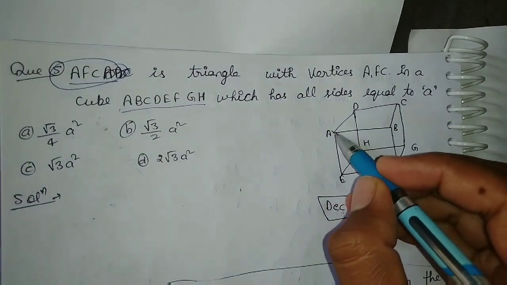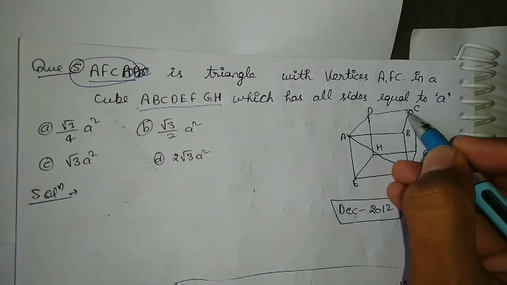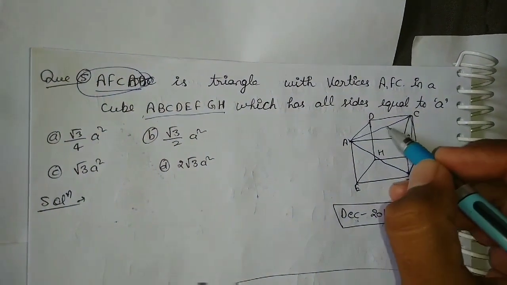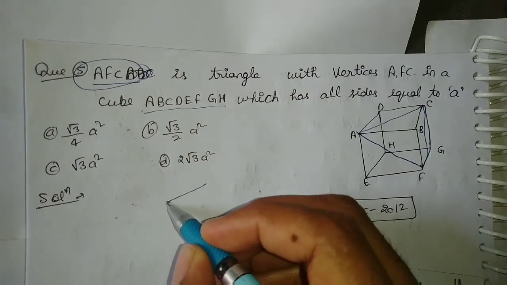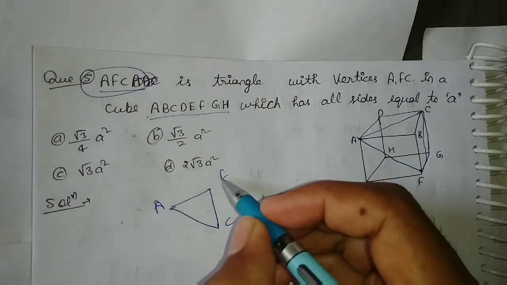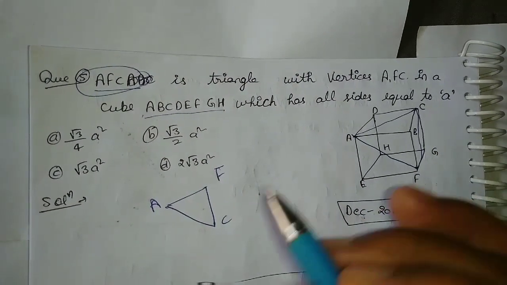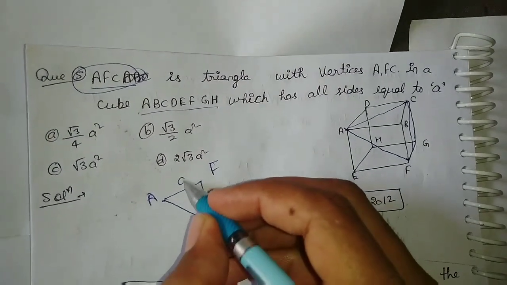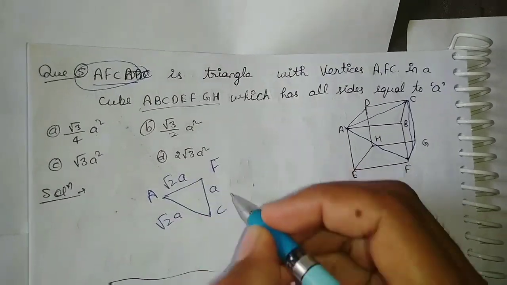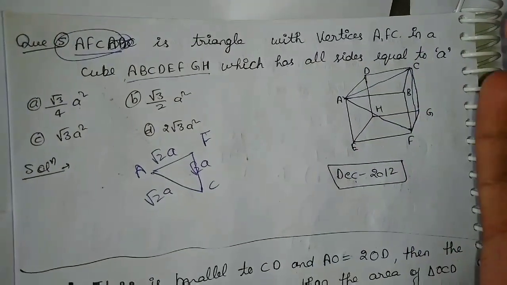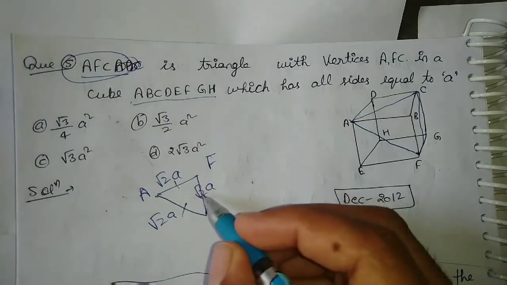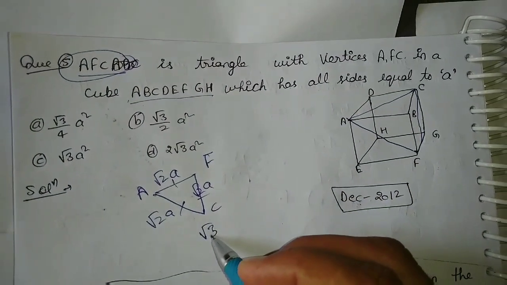So you have to join these points A, F, C, and from this figure you can clearly see that this AFC is formed by joining the diagonals of the squares, and the square is of side a. So the diagonal of the square is nothing but root 2 a, as I have told you in the first question.